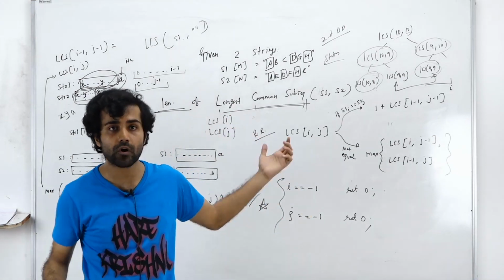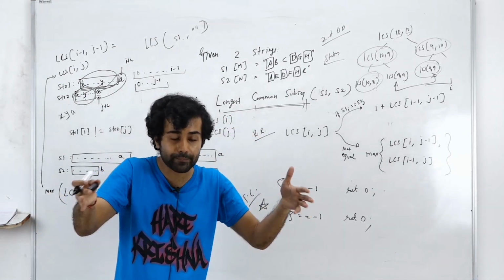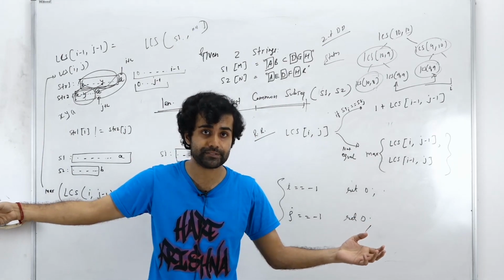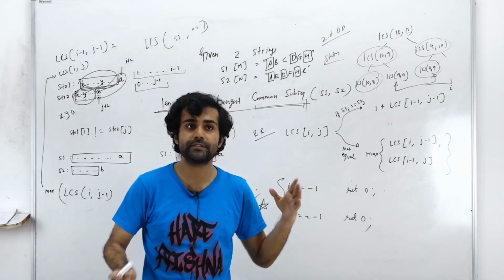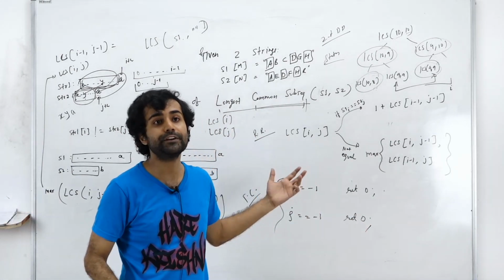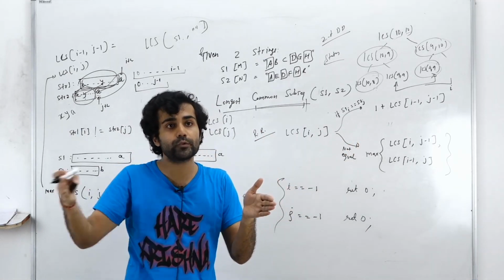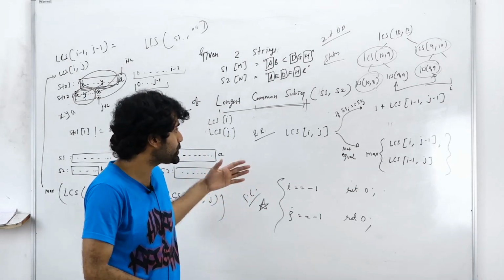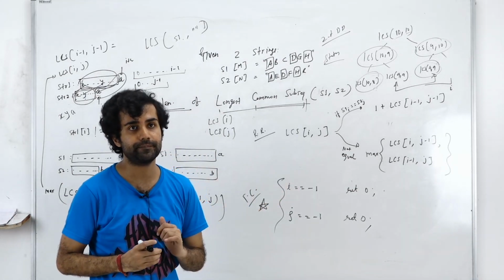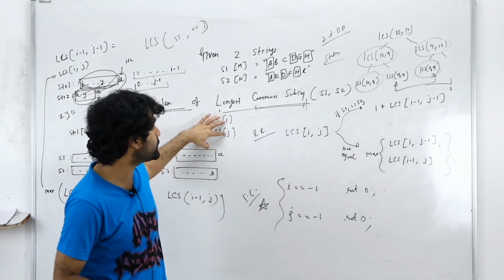The moment you said common, what common? It should be common amongst either 2 or 3 different things, right? So you have to have 2 things, which are i and j. And the physical interpretation of i and j is that i means S1 is from 0 to i and j means S2 is from 0 to j. So there are 2 states over here.